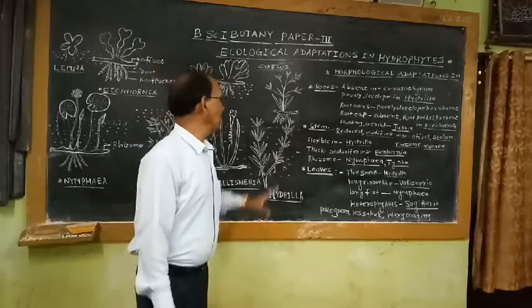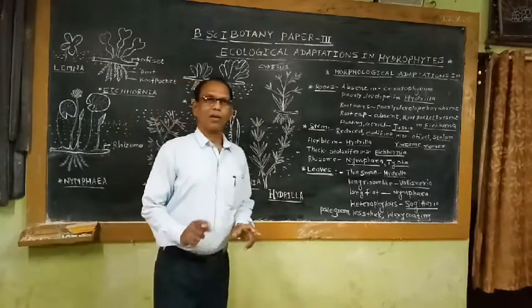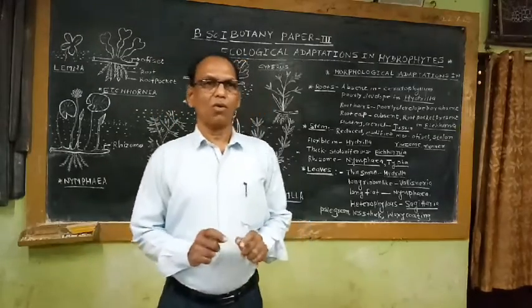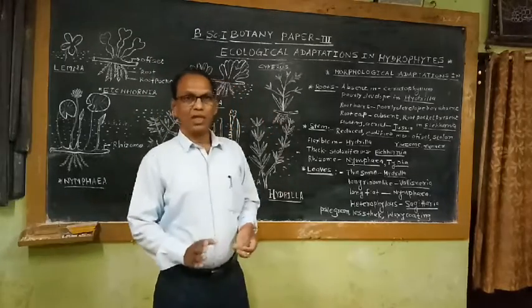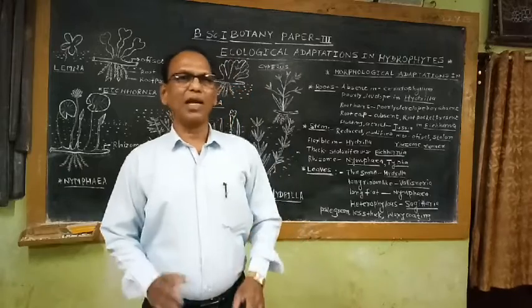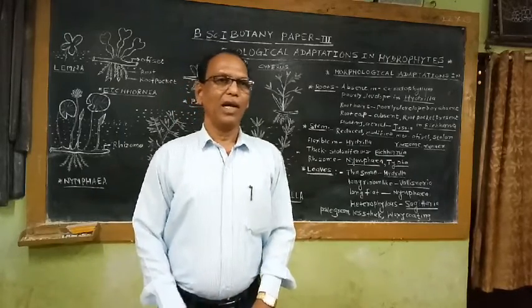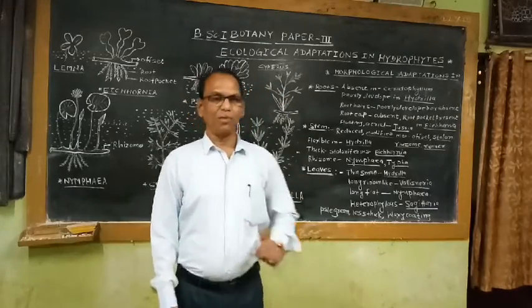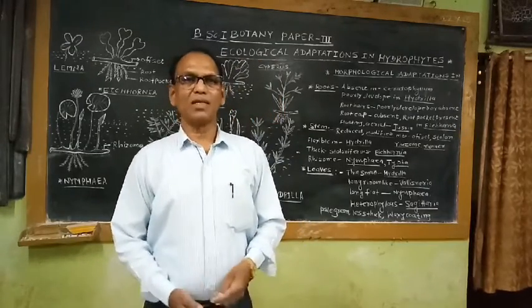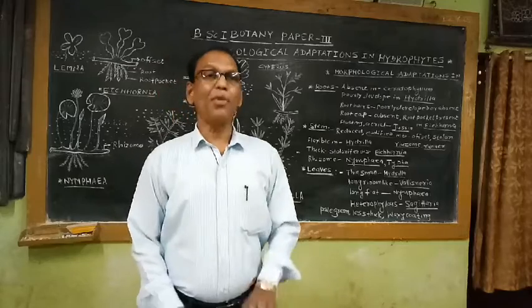So these plants are commonly known as amphibious hydrophytes because they grow partially in aquatic habitat and partially in aerial atmospheric conditions. Typha and Cyperus are examples of amphibious hydrophytes.